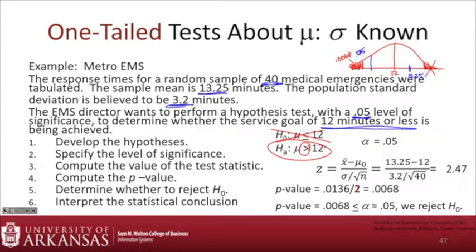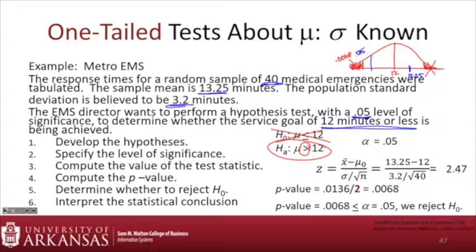Yes? So what's the point of doing all this if you knew at the beginning your sample mean was greater than your goal? Why did you do it? So it is bigger, but is it statistically significant? Right. In this sample we looked at 40 different emergencies.